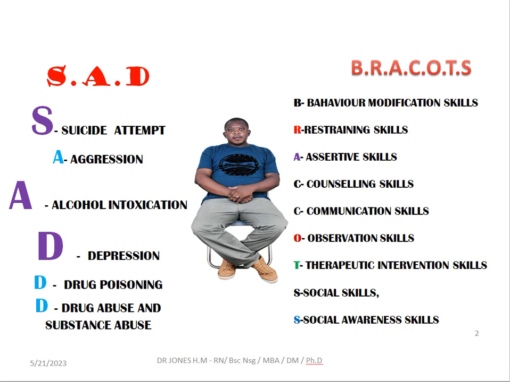A is for aggression as a psychiatry emergency. Then A is also for alcohol intoxication. Then D is for depression, drug poisoning, and drug abuse and substance abuse, respectively, as psychiatry emergencies.